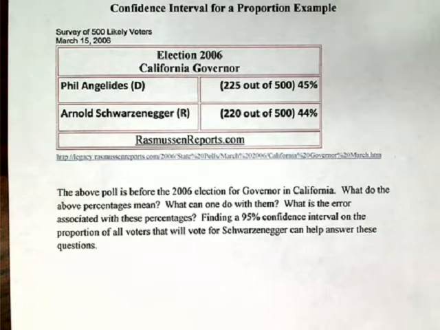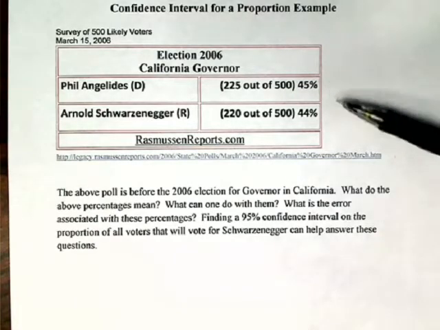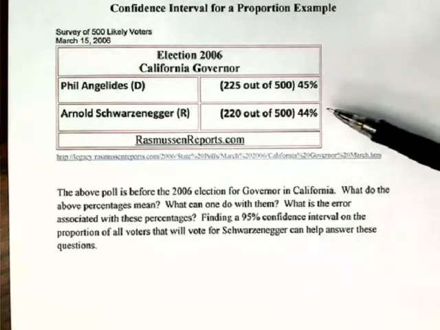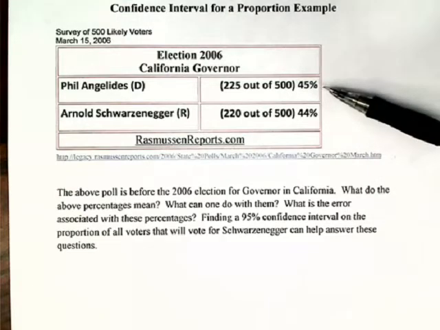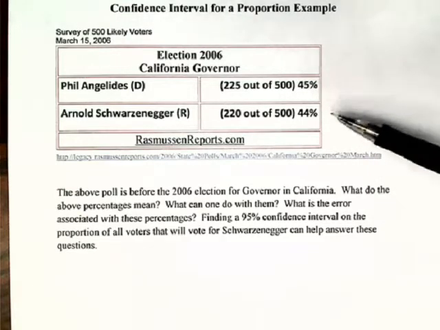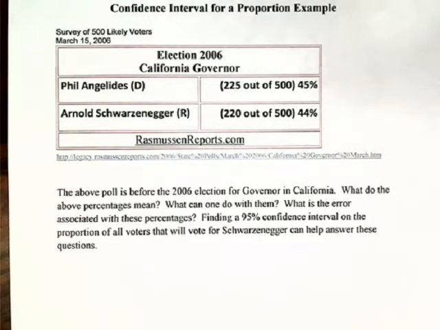If they just used this information to make a decision about the governor at that point, then Angelides would take governor. Well, this is not the entire voting population of California at that time, or those that will vote.